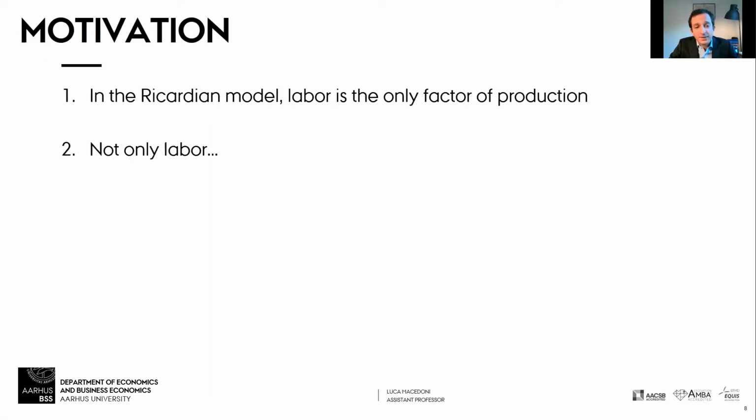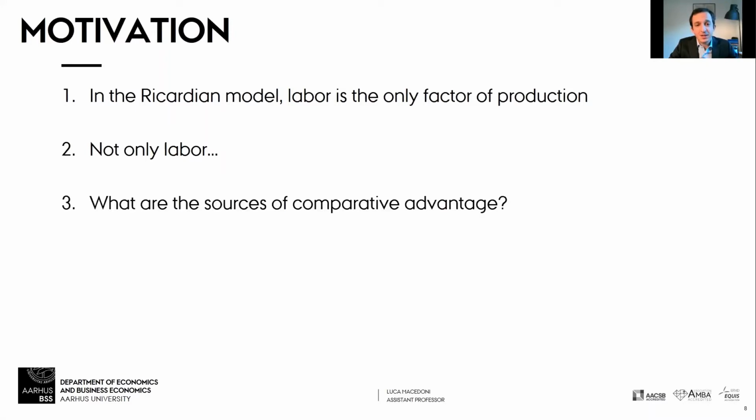However, we know that labor is not the only factor of production in the economy. And in fact, in the model that we're going to uncover in today's lecture, we're going to expand upon the Ricardian model by introducing a second factor of production. We're going to mainly focus on capital owners, but you can also think of high-skilled workers versus low-skilled workers, and other potential factors of production.